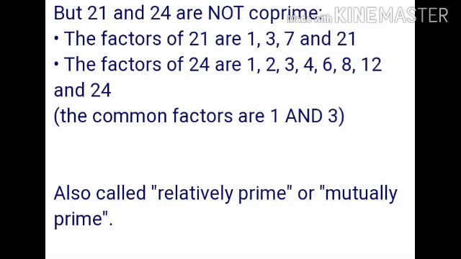The factors of 24 are 1, 2, 3, 4, 6, 8, 12 and 24. Here the common factors of 21 and 24 are 1 and 3. So 21 and 24 are not coprimes because they have more than one common factor. The other name of relatively prime is mutually prime.